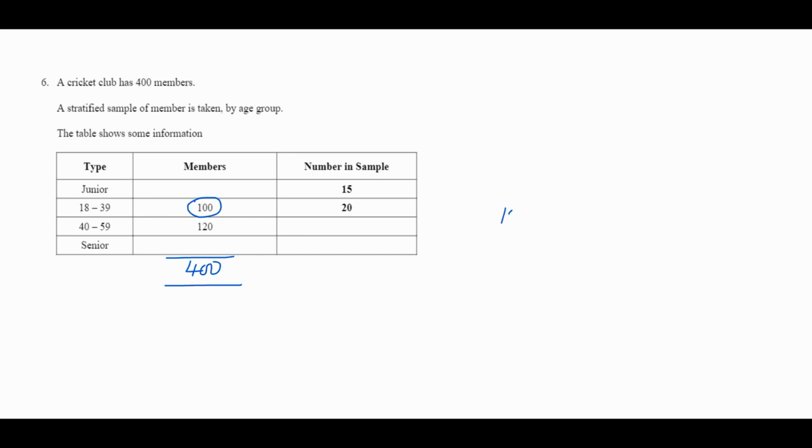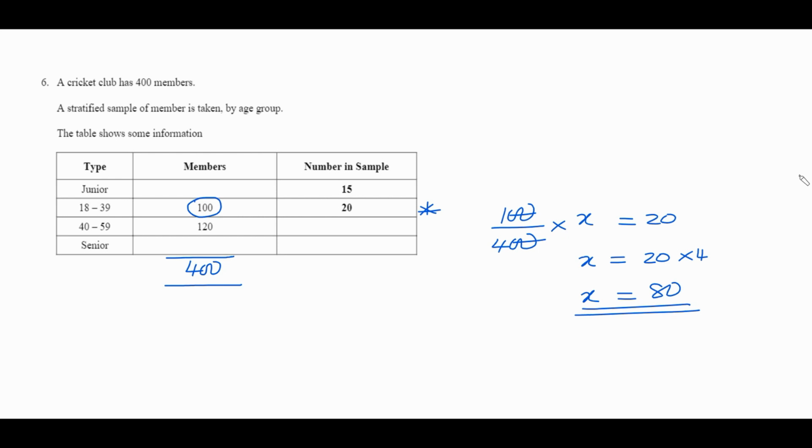So 100 over 400 times X is 20. So I'm choosing this category, right? So cut 0, cut 0. So X is 20 times 4, X is 80. So the sample size is 80.